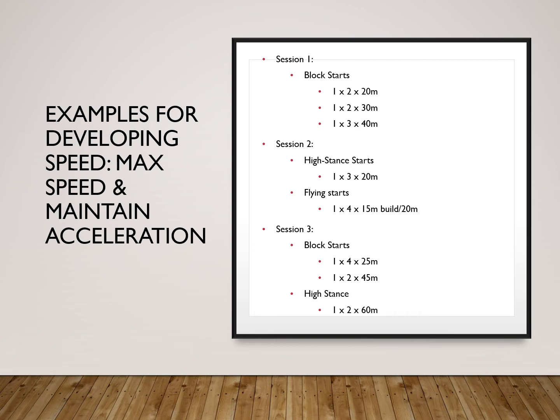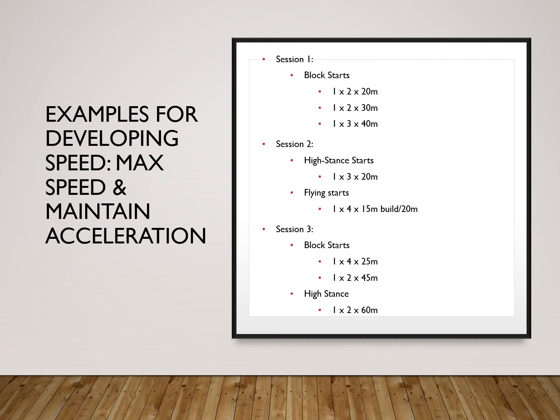Now, as we start looking at developing maximal speed and still trying to maintain some of the acceleration capabilities, you can see that we're starting to increase the distance and also shifting into more block starts. So again, trying to maintain this acceleration capacity and getting the athlete used to going from those low positions and getting into the acceleration phase and the acceleration positions that we need.